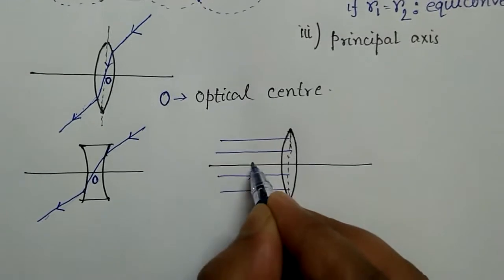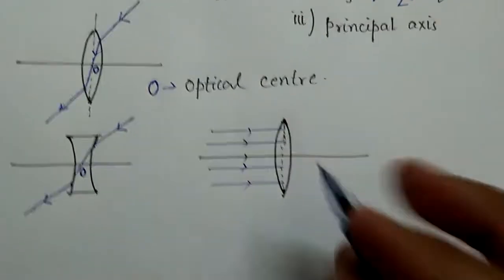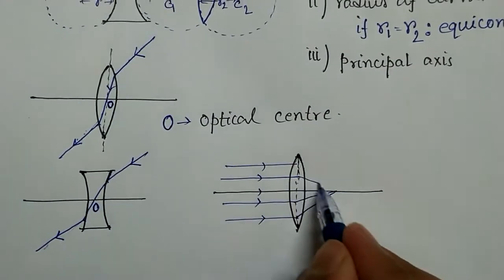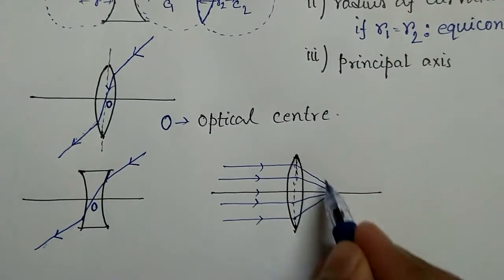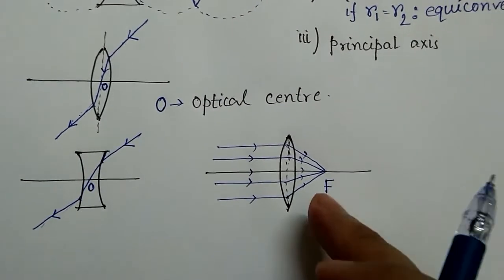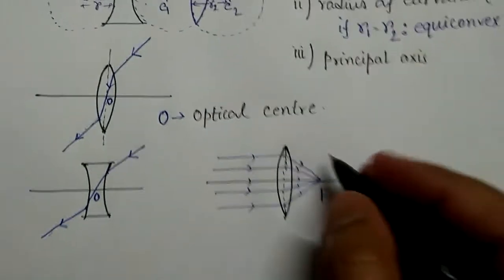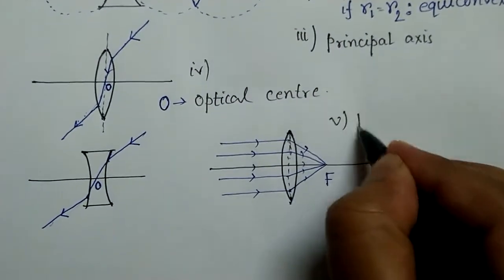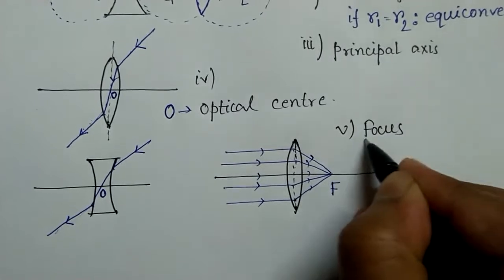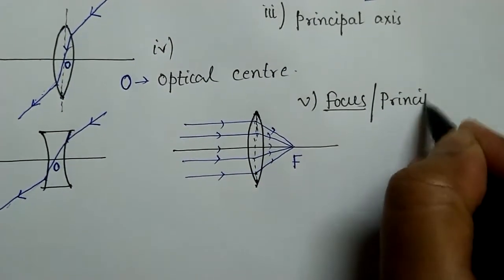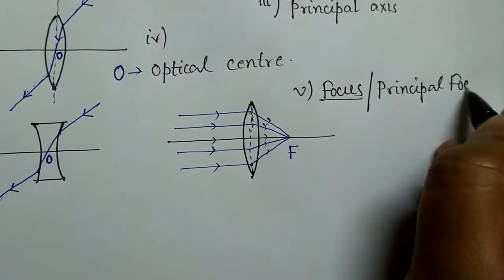After refraction they will meet at a certain point. This point will be known as the focus, number 4, and this is number 5, principal focus.